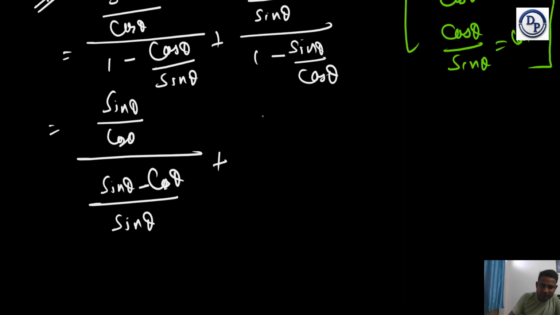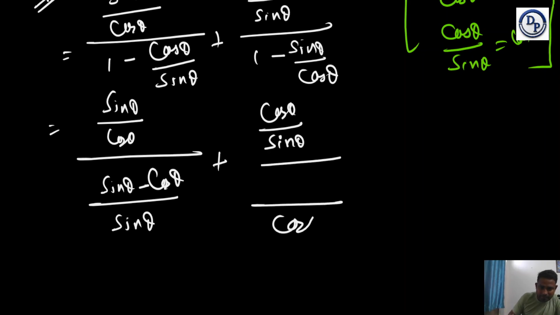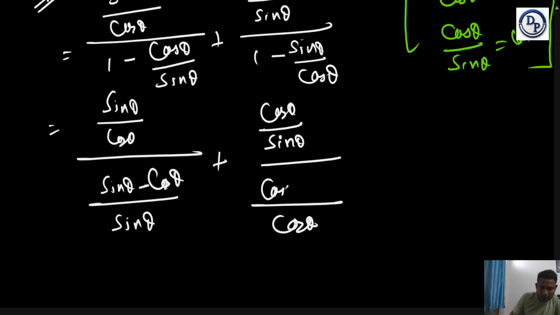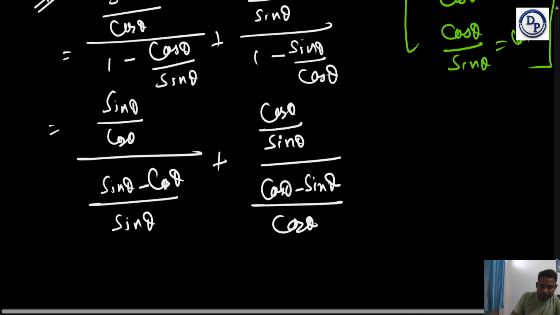Now in this case, this is cos theta by sine theta, and again we take LCM as cos theta. This cos theta goes here, we'll get cos theta minus sine theta.